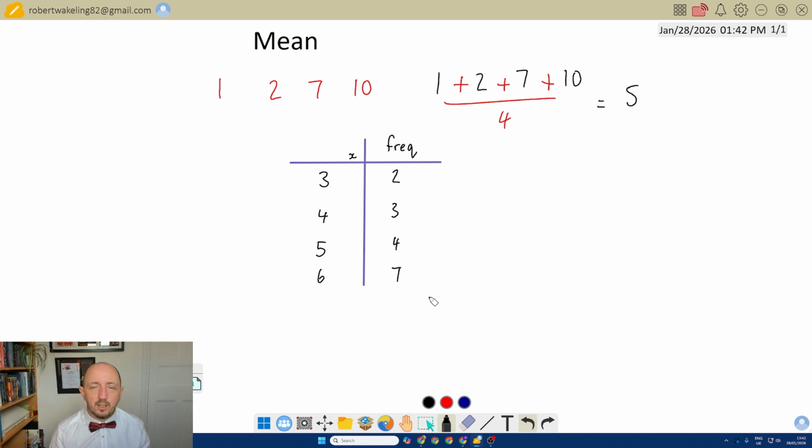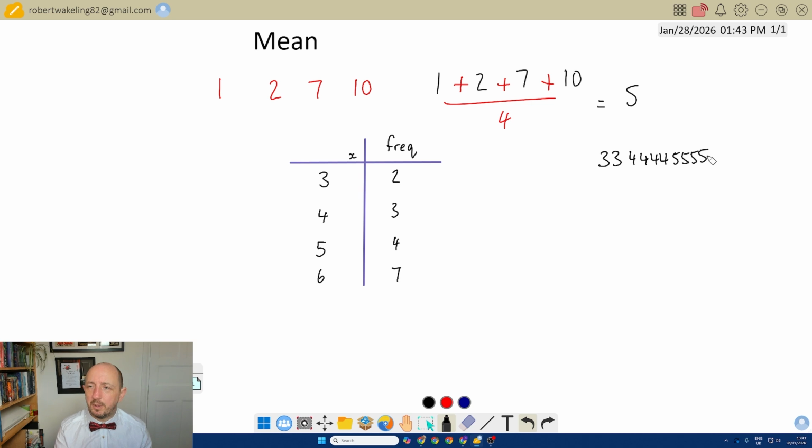To do the mean, it's a good idea to understand what this frequency table is actually showing. If I write this out in full, we've got 2 people with a shoe size of 3. We've got 3 people with a shoe size of 4. 4 people with a 5.